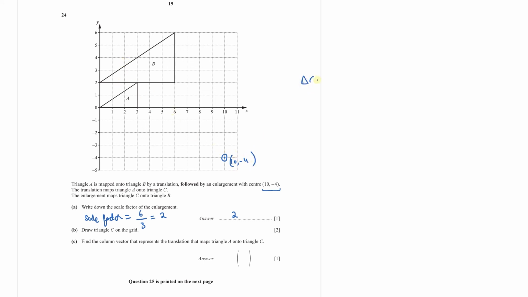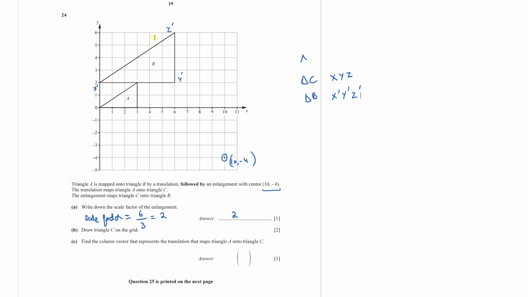Let's say triangle C that we have to draw has three vertices X, Y, and Z. Let's call the corresponding vertices of triangle B after enlargement X prime, Y prime, and Z prime. Now you know that if I connect X prime to my center of enlargement, my point X will lie on the line that connects the center of enlargement with X prime.